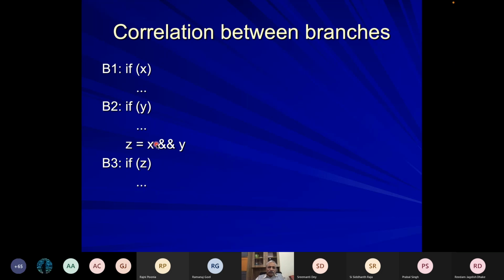You can make a better prediction here if you remembered what this branch did and what that branch did. So there is some correlation between the branches, and therefore it's also useful to look at various branches collectively. When you're considering a branch, you need to see what is the history of other branches before you reach this point.